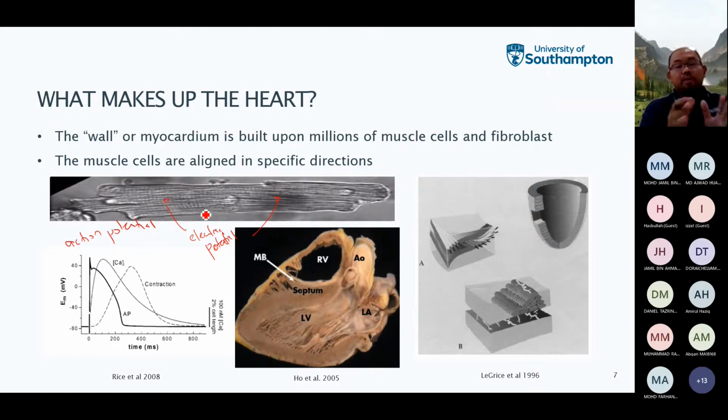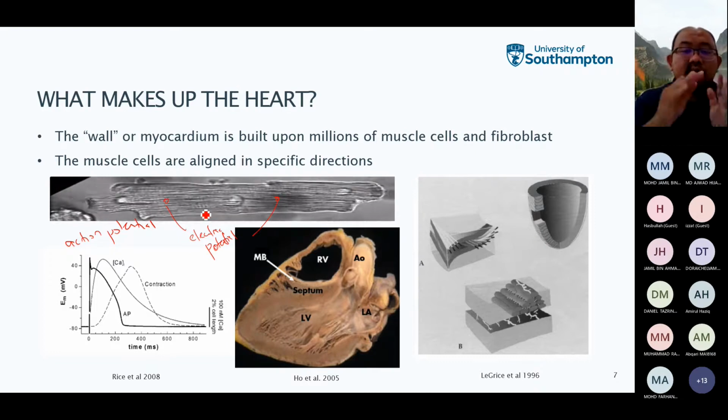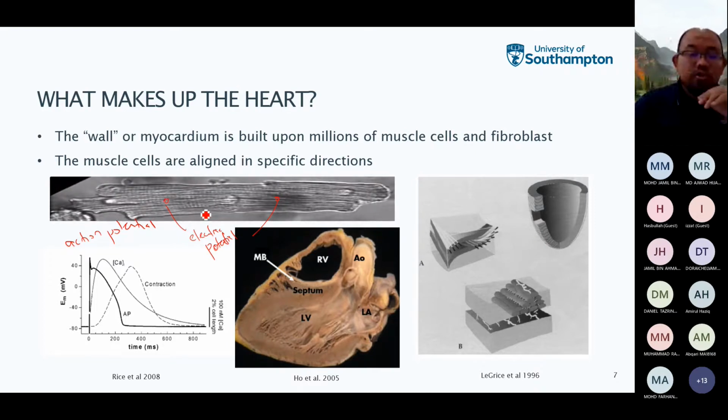Typically, if you watch any medical drama that wants to show someone dying, you will see that ECG waveform, and then it goes to a flatline that indicates that person has passed away. That electrical signal that gives the ECG is made up of millions of cells working together, producing this action potential.